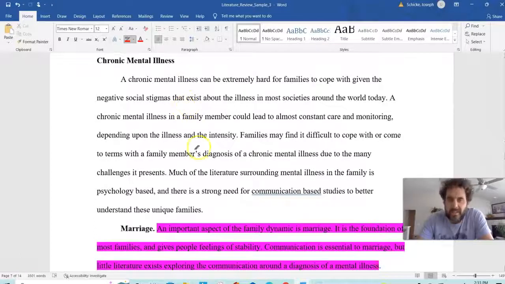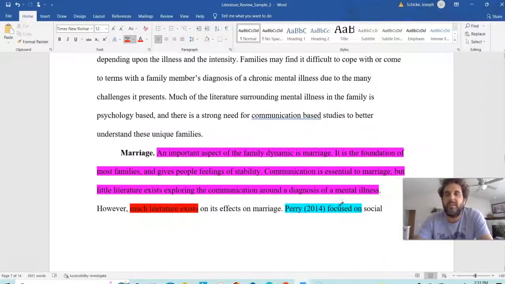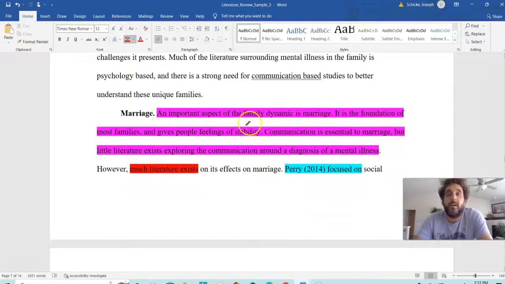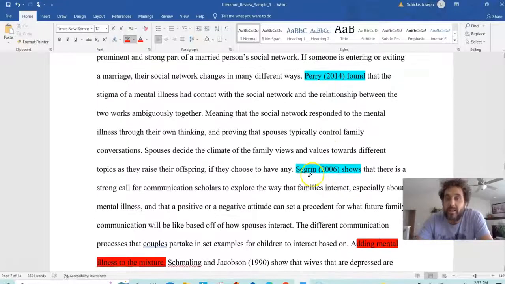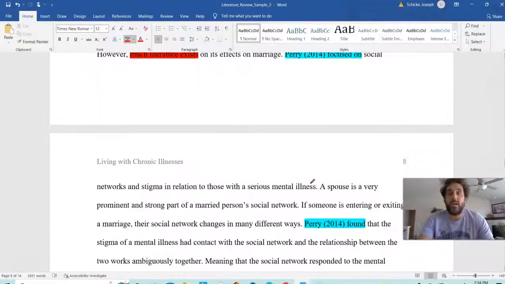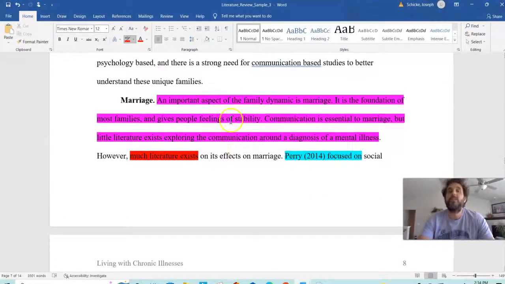This writer did this interesting summary of the subtopic before they went into subtopics, which I thought was a little too much, but you don't have to do that. Again, an important aspect is marriage. So when we get to Perry and we get to Segrin, whoever those people are, those sources are going to be talking about marriage. And so this pink part introduces that topic.